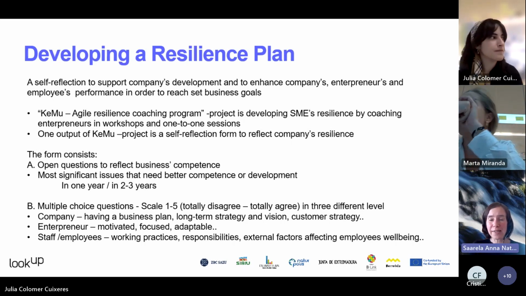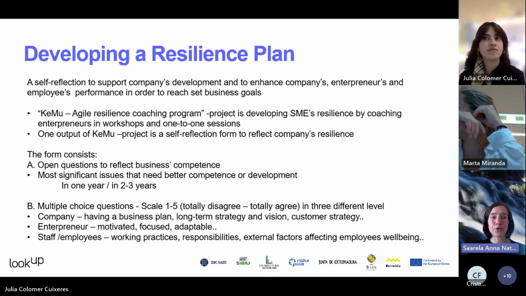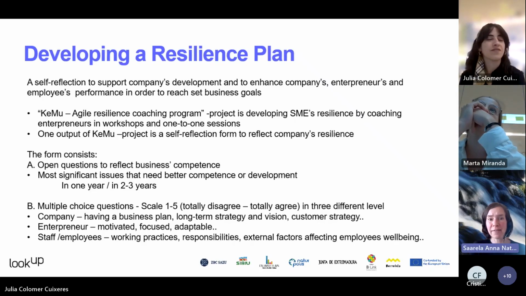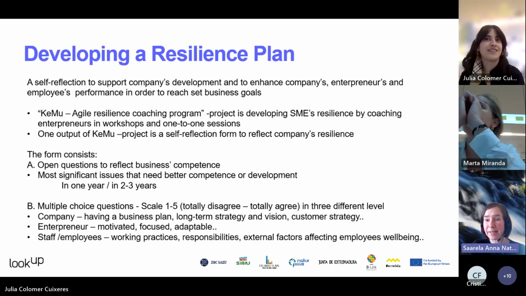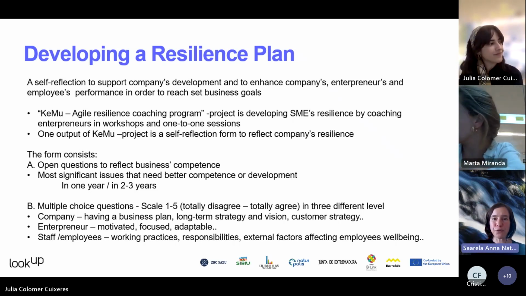The form consists of two parts. The first part is open questions, just to reflect business competence. A lot of these open questions are related to that risk management plan that Julia showed you, but it has sort of a more foreseeing aspect to it.